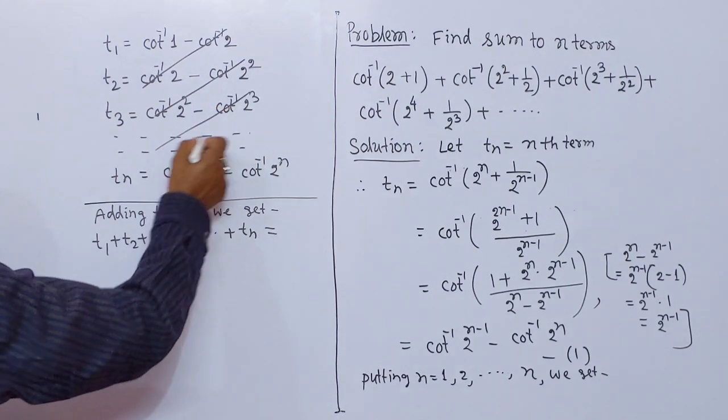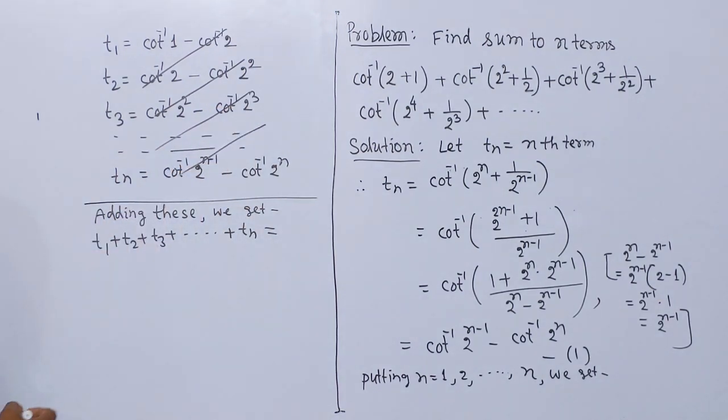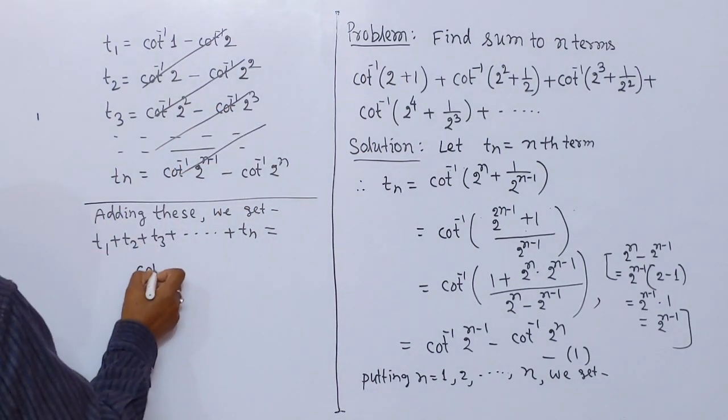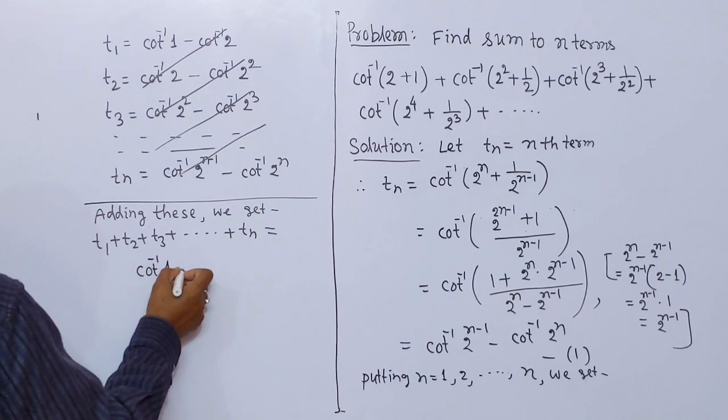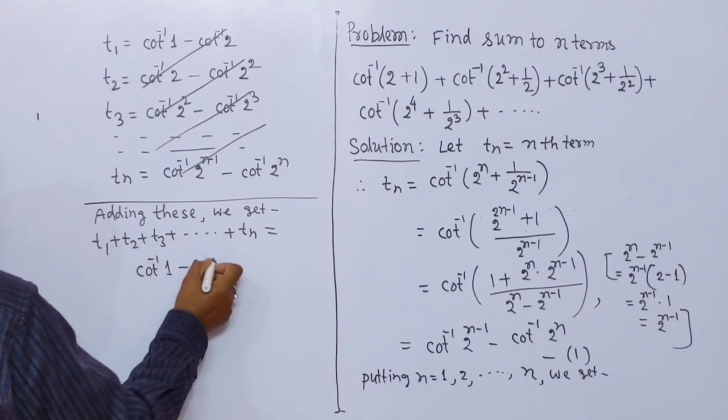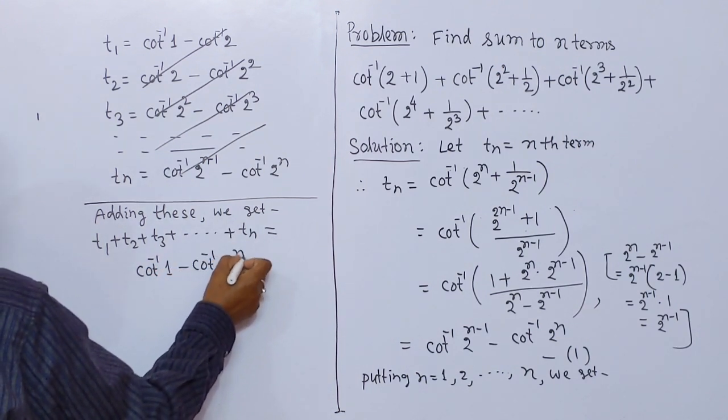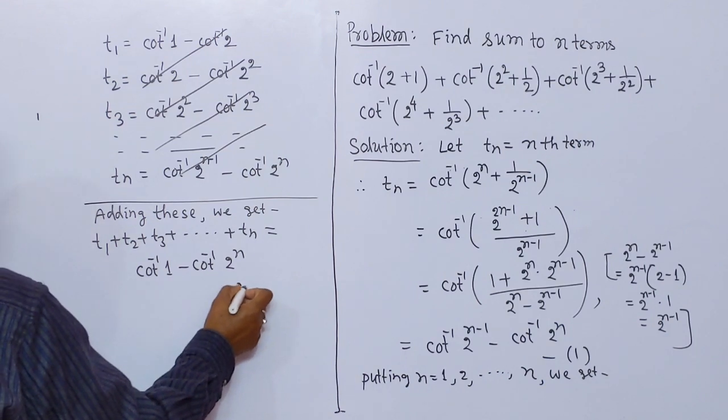So this diagonal cancel, only remains cot inverse 1 minus cot inverse 2 to the power n. This is the required answer.